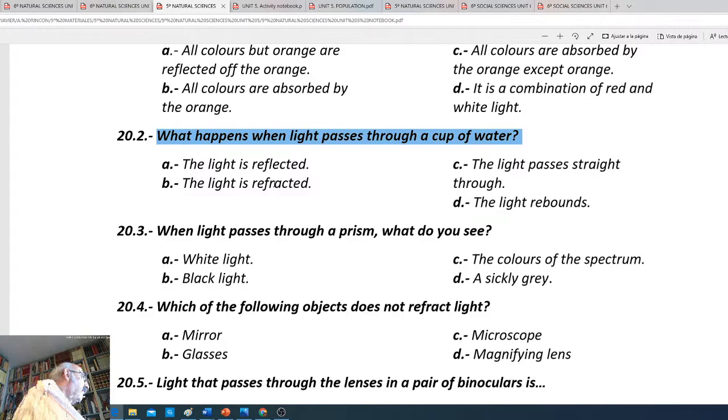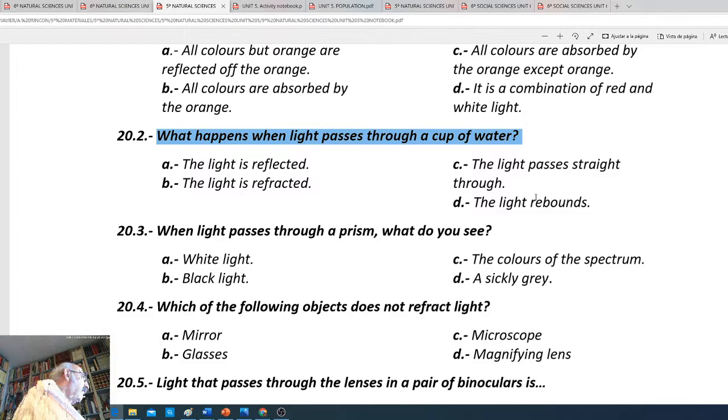Light is refracted is that you can see through it. C, light passes straight through, so not bent. And D, light rebounds, as in a mirror. What do you think is the correct answer? 22. Waiting for your answer.